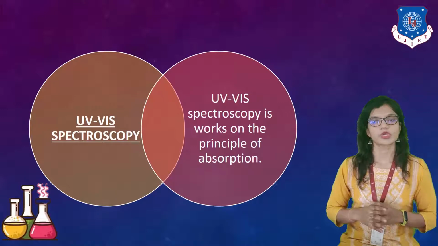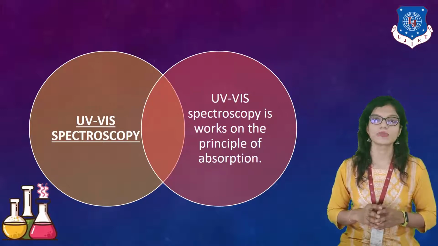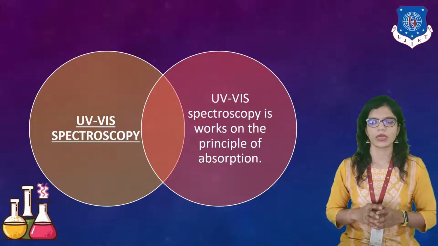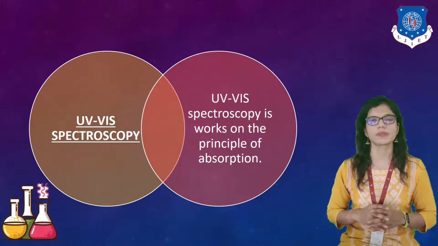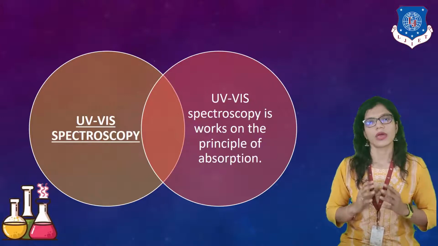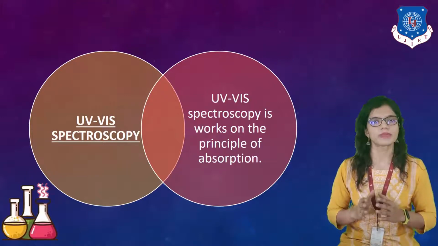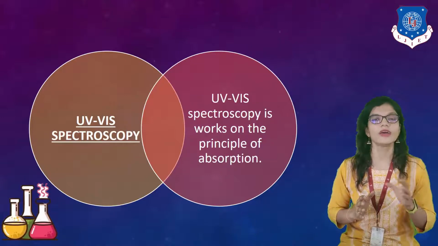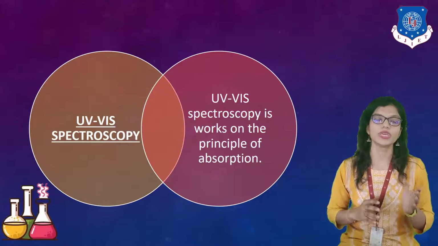Let's begin with the first one, which is known as UV visible spectroscopy. UV visible spectroscopy works on the principle of absorption, and therefore it is also known as absorption spectroscopy. Basically, UV visible uses the range of the electromagnetic spectrum known as UV and visible.